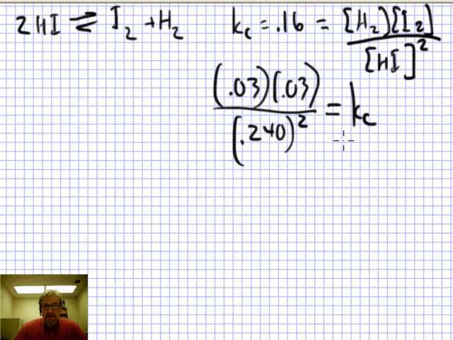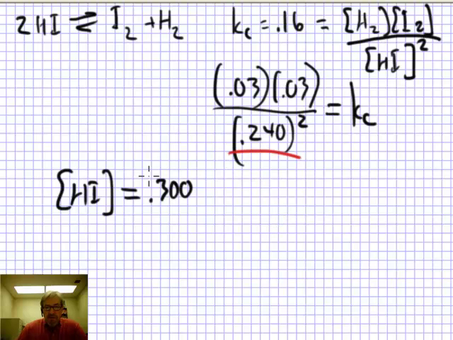Those are the concentrations of those species at equilibrium. Let's say we add HI until concentration of HI is some higher value than the equilibrium concentration. Let's say 0.3. So it was at equilibrium 0.240, and now it's gone up to 0.3.